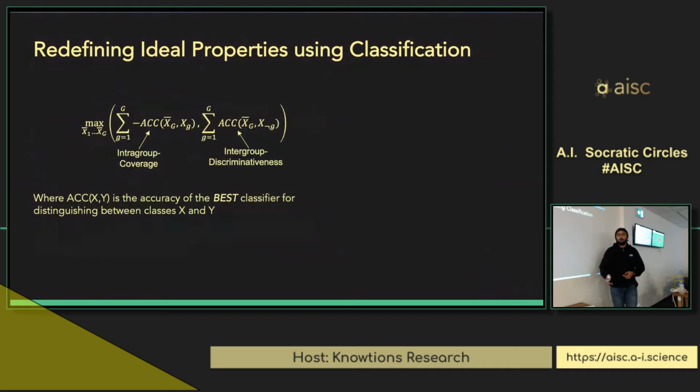So we are trying to maximize the error of the first classifier, the accuracy of the first classifier, and we are trying to minimize the error of the second one. Notationally, x not g is all documents from groups that are not g, and we want to minimize that error rate.